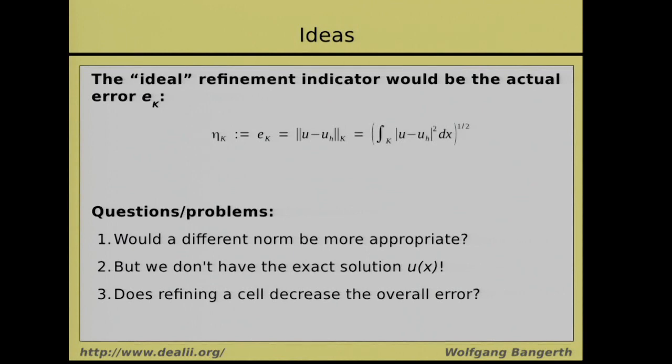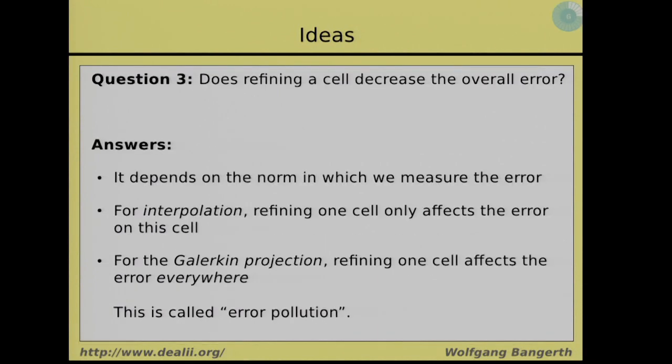There's, let's say, an important question that we need to ask, and there's a lot of mathematics that we have to do, for which it would be very useful if we understood how it is actually done for something like the H1 norm of the error. So let me start with number 3. So does refining a cell decrease the overall error?